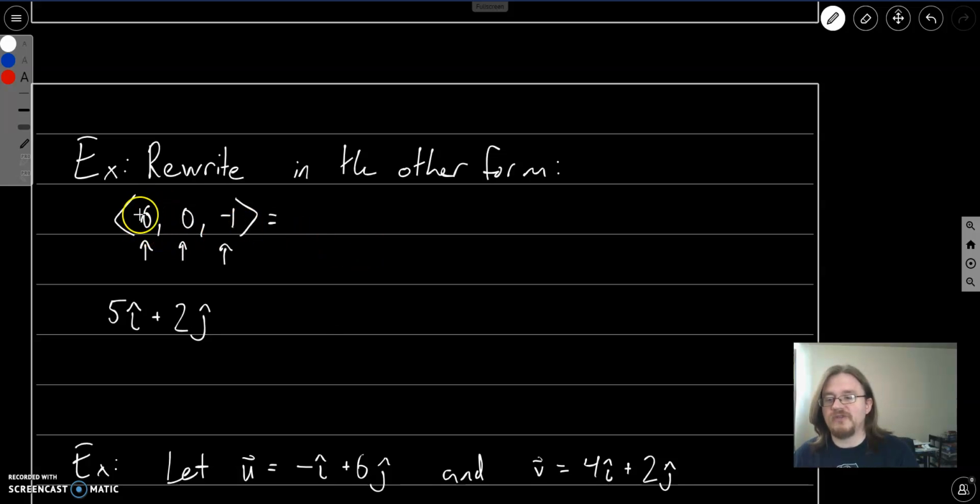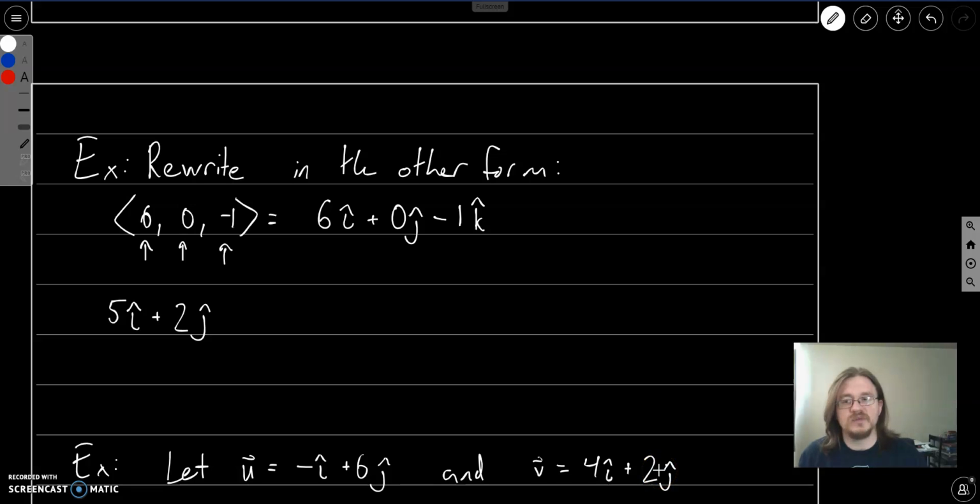So here, if we point 6 in the x direction, that's like 6 times the usual i vector. If we're pointing 1 in the x direction, that's just i. If we're pointing 6, we've got to multiply it by 6. We're pointing 0 in the y direction, which is j, and we're pointing -1, so down 1, in the z direction, which is k.